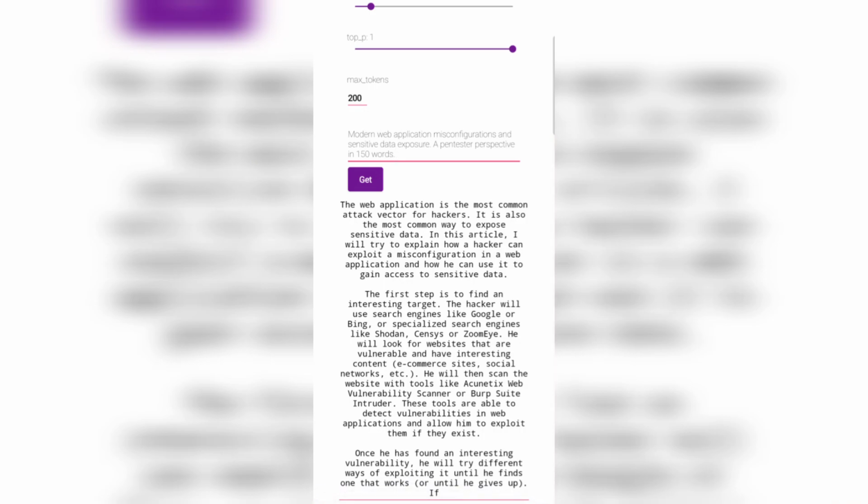He will look for websites that are vulnerable and have interesting content. He will then scan the website with tools like Acunetix Web Vulnerability Scanner or Burp Suite Intruder. Interesting, so it knows stuff about Intruder. These tools are able to detect vulnerabilities in web applications and allow him to exploit them if they exist.